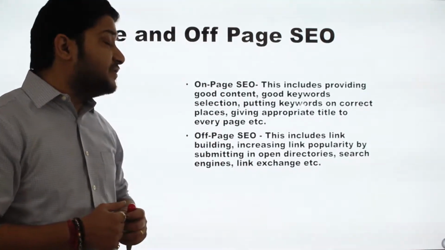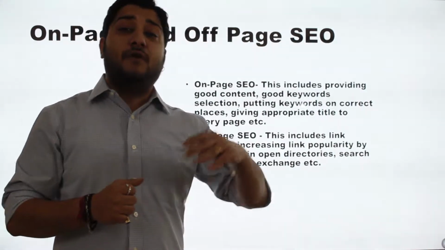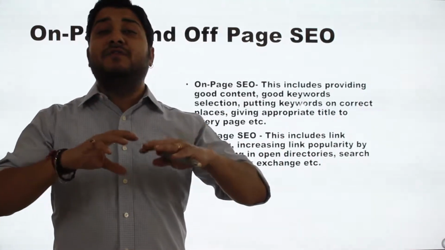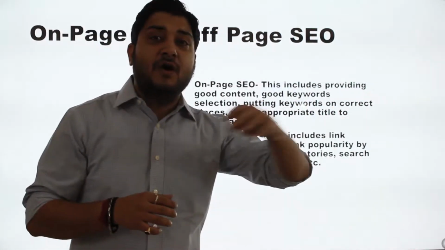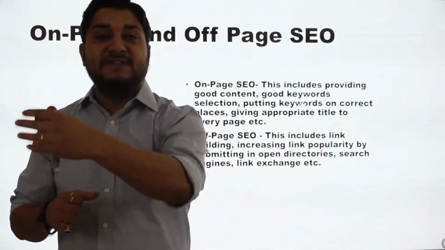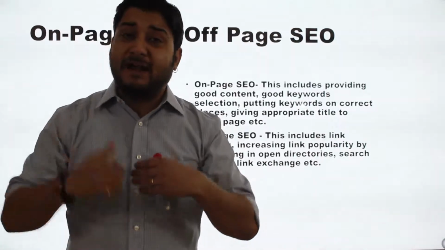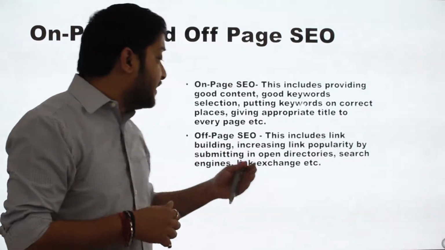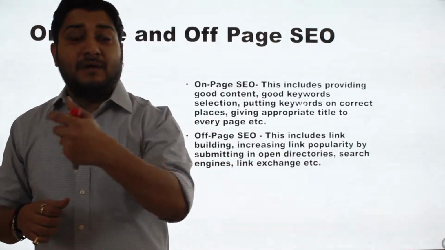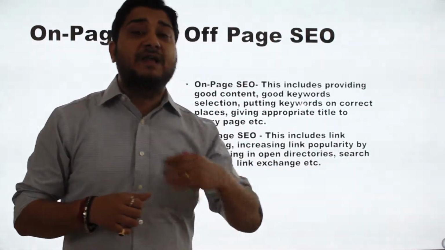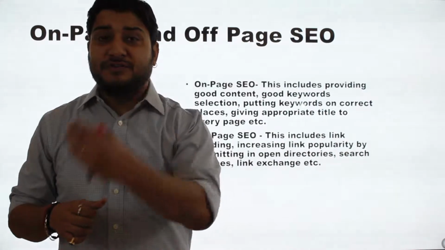And off-page SEO is the work involved around other websites, like link building. You mention a link on a different website so that you can get a better backlink from that particular website. You talk about providing deep links on other websites, or social bookmarking. You talk about social presence.